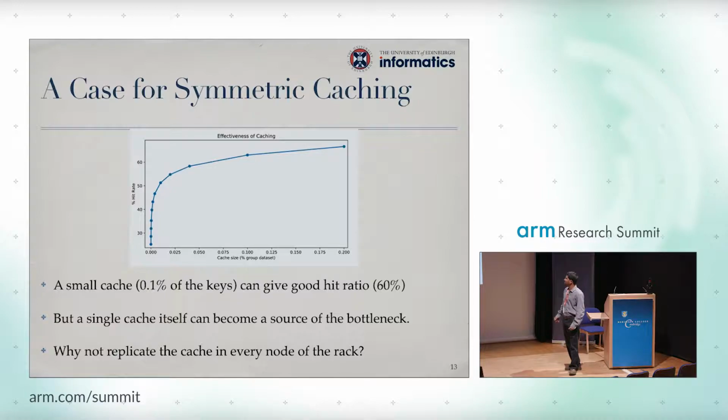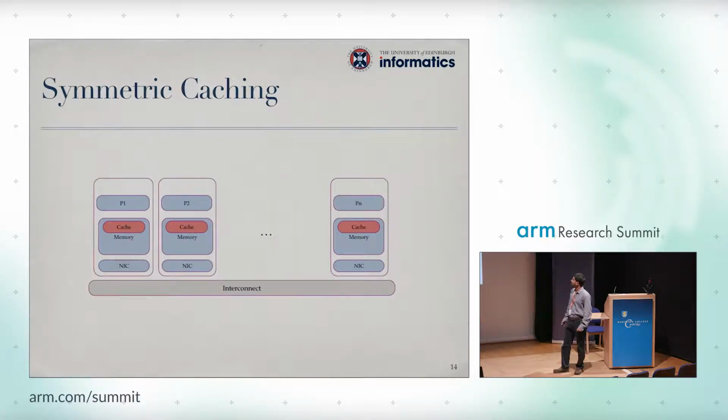But a single cache in your system can itself become a bottleneck. So why not replicate this cache in every node of the rack? In essence, you have this scale-out system, and these red parts of memory are reserved as a cache, where you cache all the hot, skewed data items. That's essentially the simple idea here.